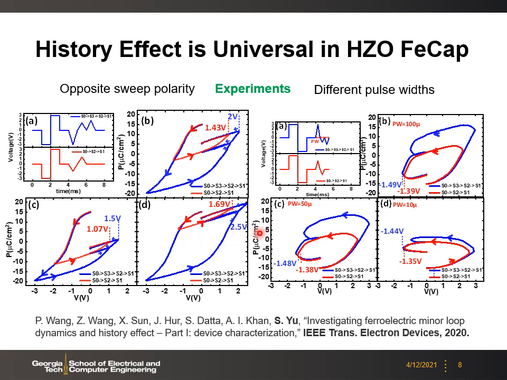Also, if we increase the sweeping frequency of the triangular waveform, we can see this kind of PE curve, but again the voltage to switch between those two states varies, depending on the prior path the device has gone through. So we would argue that the history effect is universal in the FeCap.